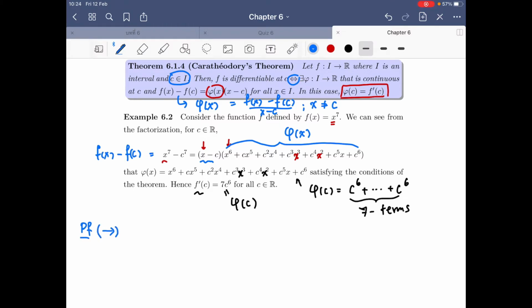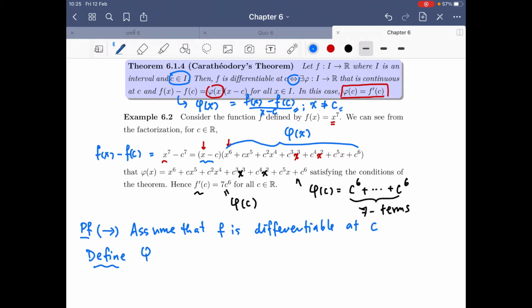So of course, for this assertion you are going to assume that f is differentiable at the point c, and we are going to define, as I told you, because your phi looks like this quotient, and this quotient is valid whenever x is not c, so we are going to define, because you are going to find this phi, right?